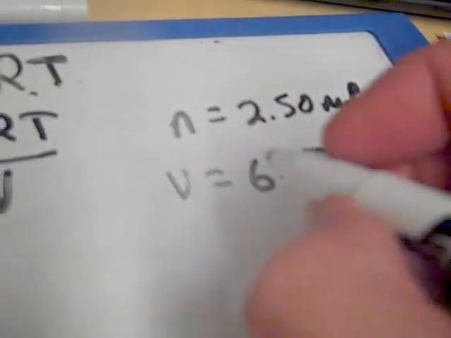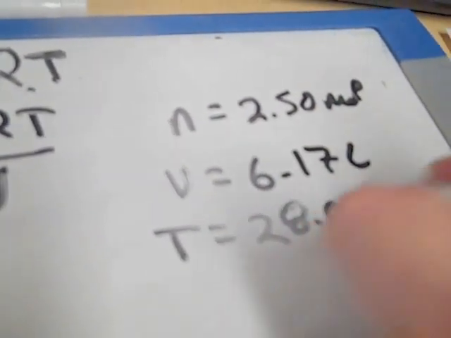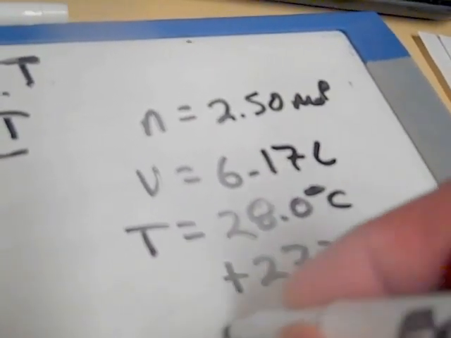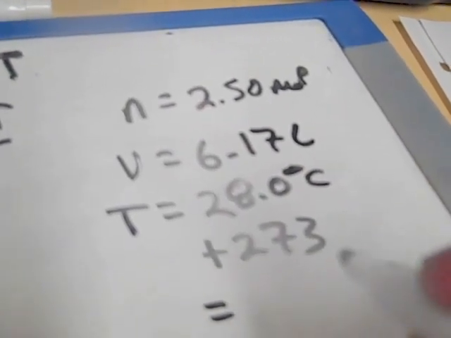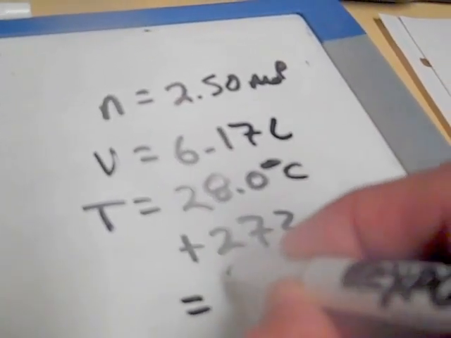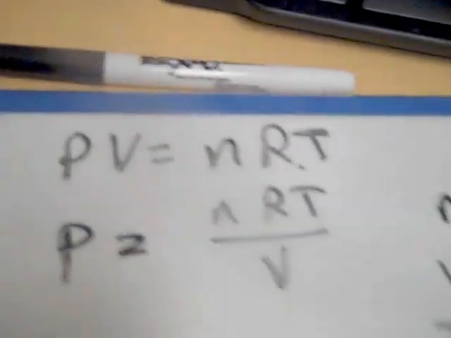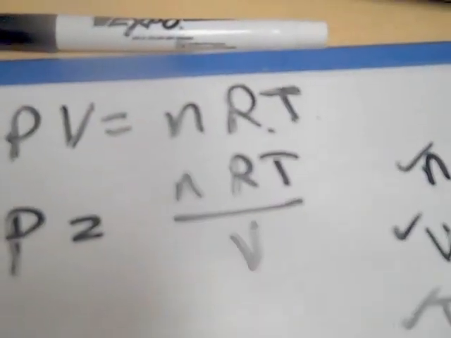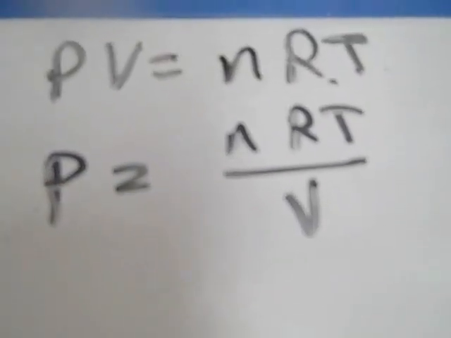The temperature is 28.0 C plus 273, so that makes it 301 Kelvin. Basically we just take these numbers and substitute them into the equation, and then we can determine our answer.